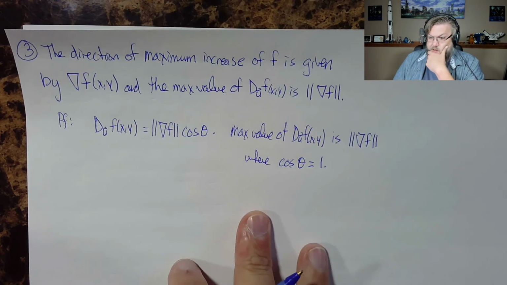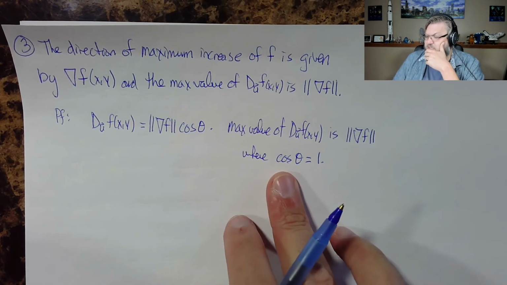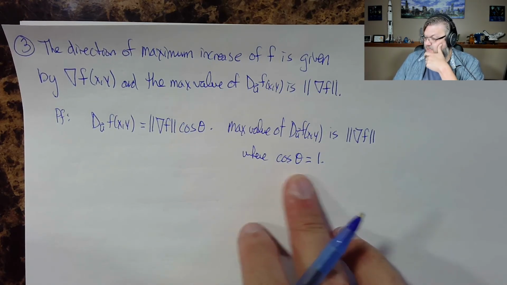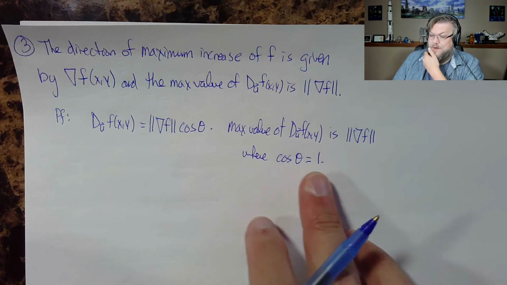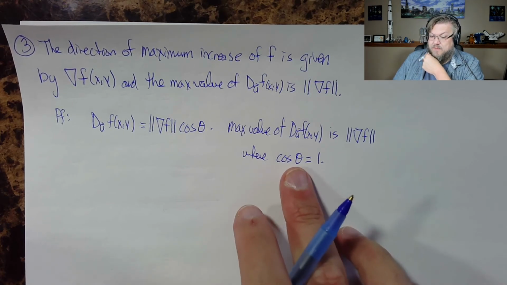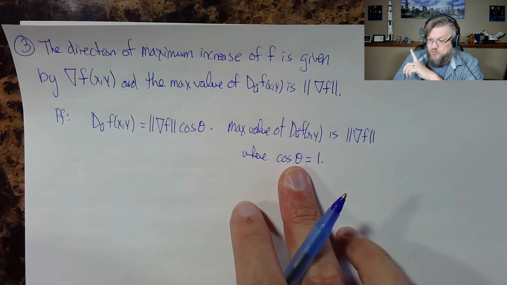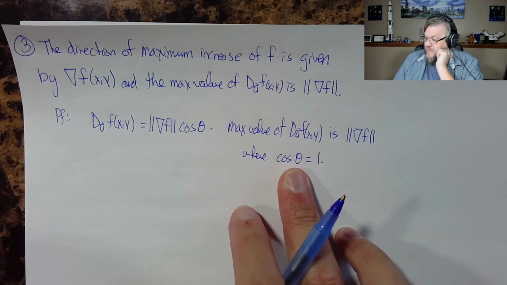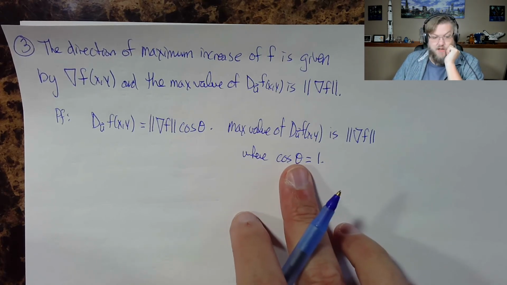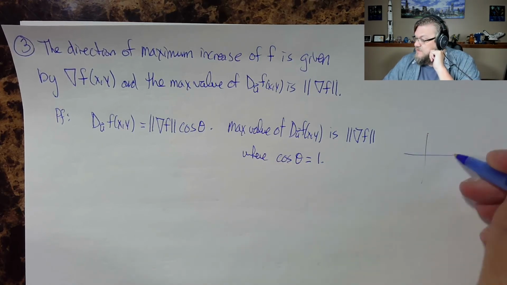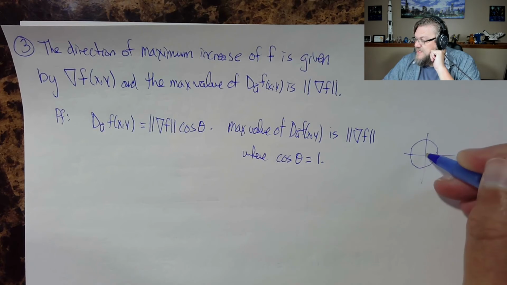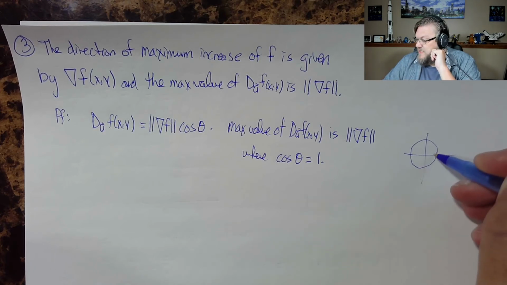Right? But now, wait a second. If the cosine of theta is 1, what does that mean for my angle between u and the gradient? This tells me information about the angle between those two vectors, doesn't it? All right, so a little unit circle time. If my cosine is 1, that means my x-coordinate is 1.